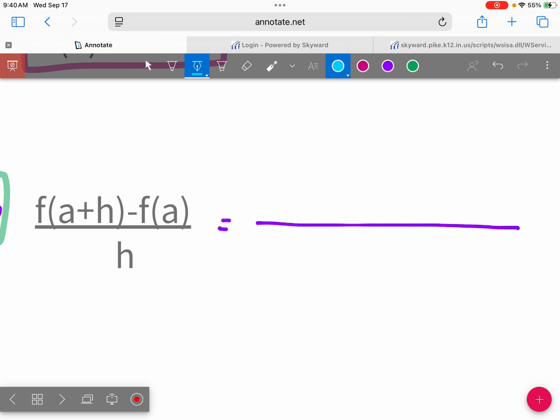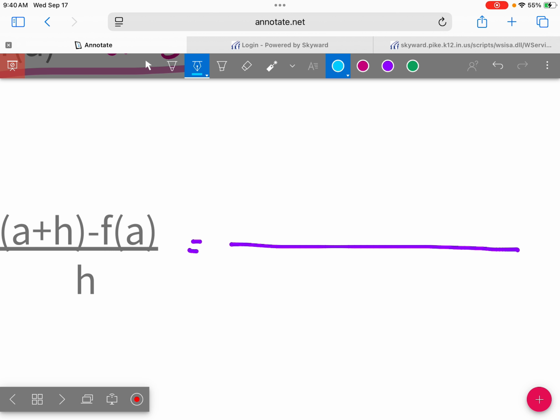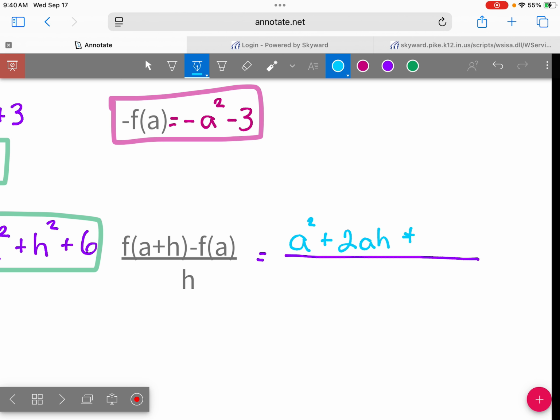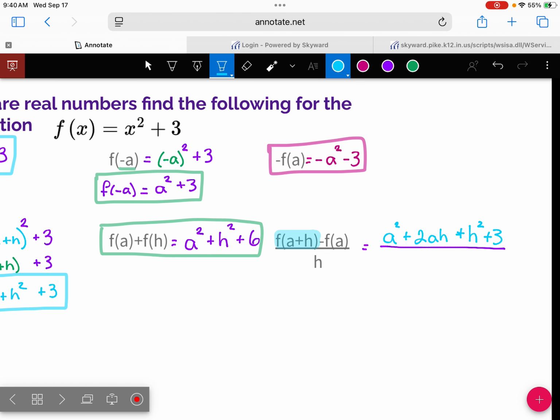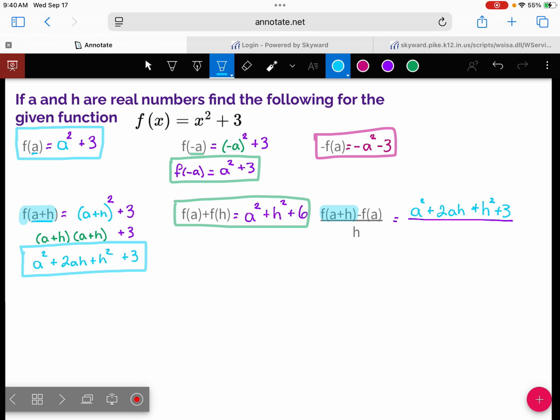So I can write that as my a squared plus 2ah, plus 3, because this guy is this guy.